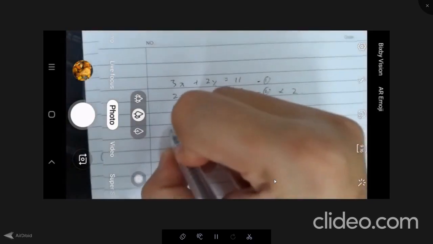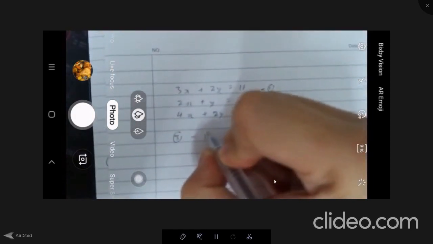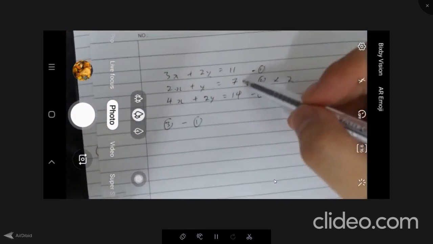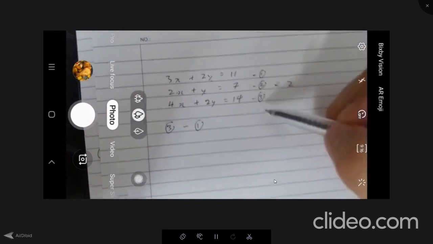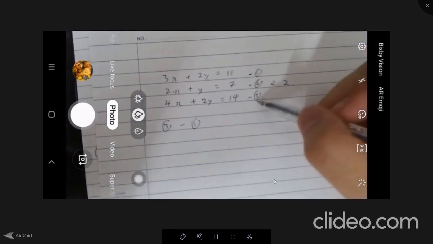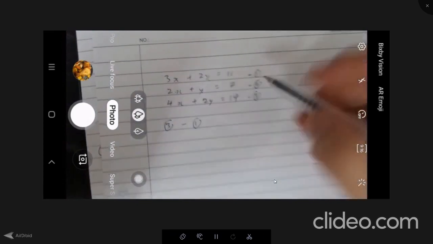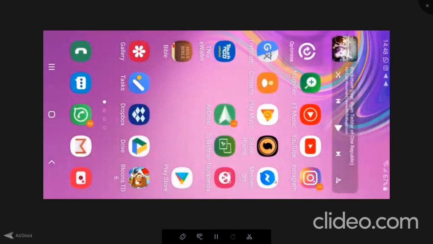Then after that, I do equation 3 minus equation 1. Since I modified equation 2, I cannot use equation 2 anymore, so equation 3 must minus the other one.